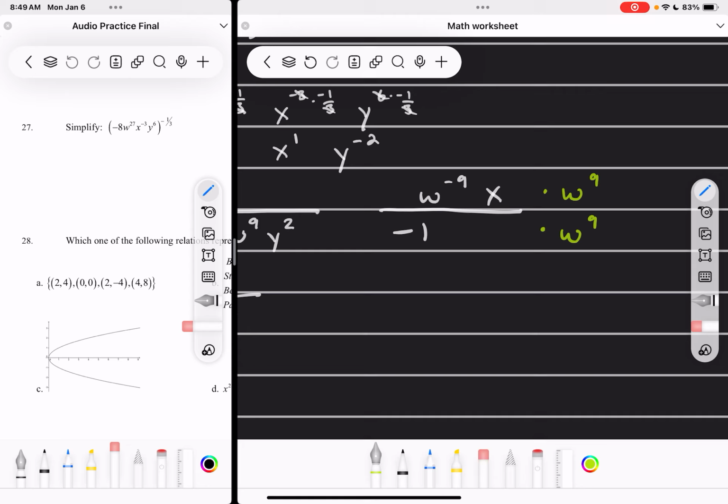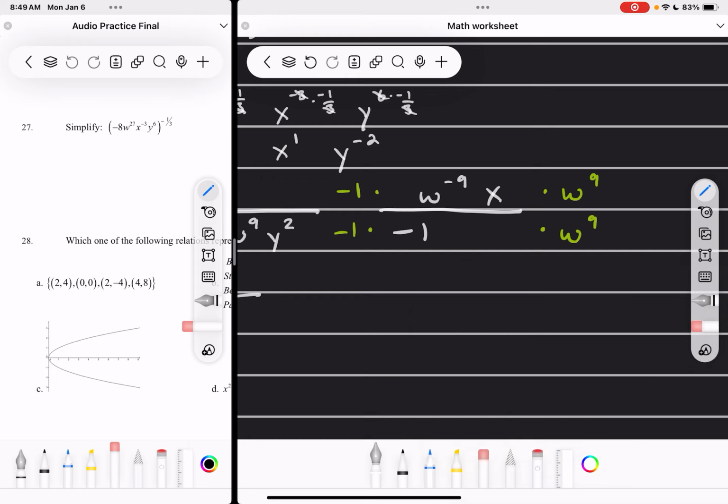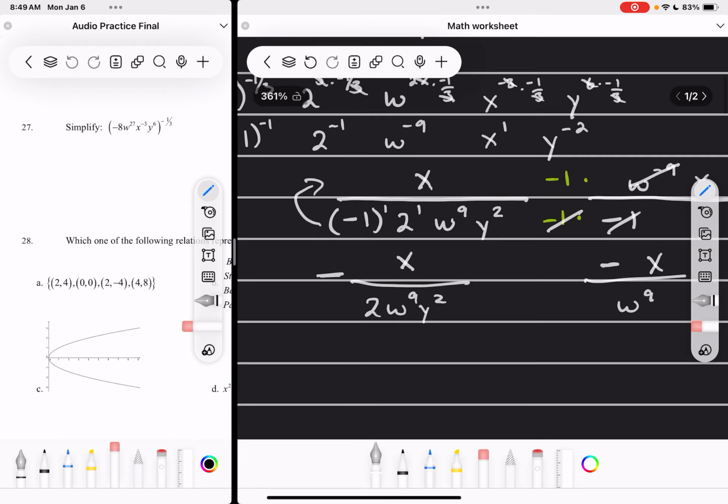Since we have that negative 1, we're going to multiply the top by negative 1 and the bottom by negative 1. Let's look at what happens because we do that. The negatives will cancel, leaving a negative on the top. The w to the 9's will cancel, leaving us with just x on top. And the only thing left on the bottom is w to the 9. So this is the reason why that process works for our answer, negative x over 2w to the 9 y to the 2.